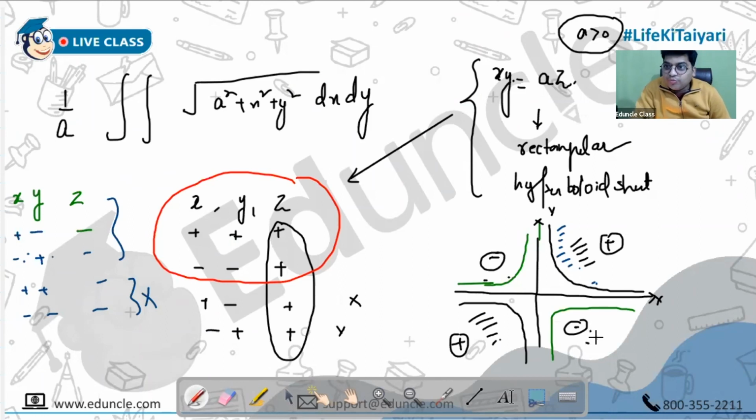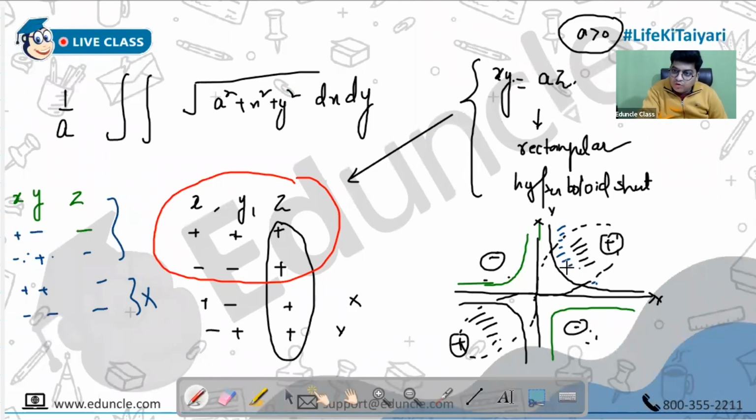Why are you not going to multiply by 2? Because this will intersect only this portion. This will intersect in this portion on the upper half. In the lower half there is no projection. Yes or no? So how will you multiply by 2?